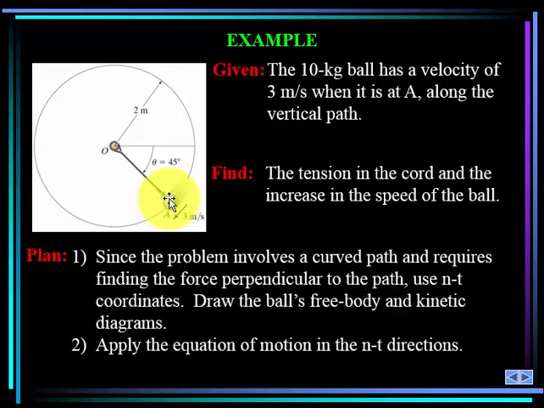Since we do in fact have a curved path, normal-tangential is a candidate. We might possibly consider cylindrical coordinates in the next section. Right now we'll use normal and tangential. We'll draw free body diagrams, write the equations, and see what turns out. I will point out that this is a simple version of a more interesting problem, because they did not ask us to say anything about the ball continuing to move away from theta equal 45.